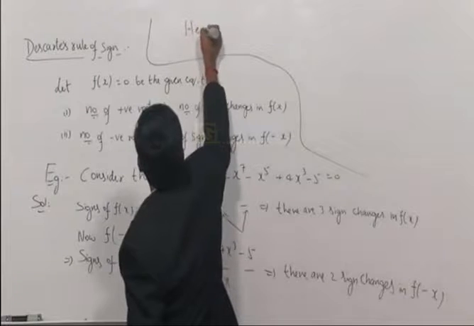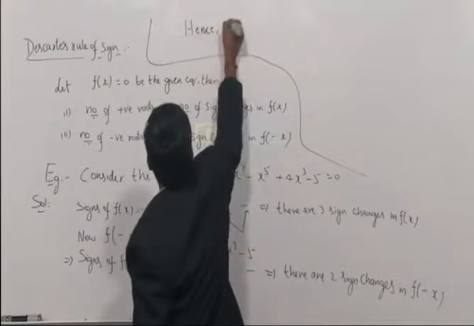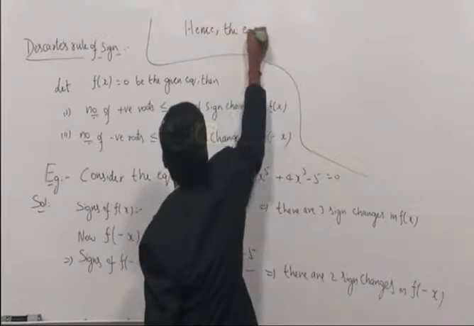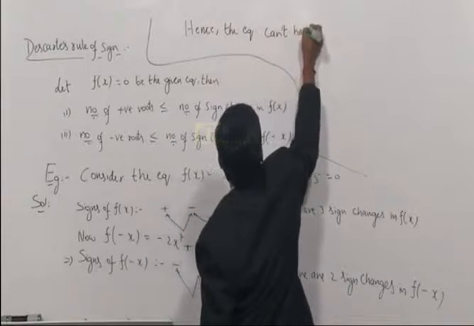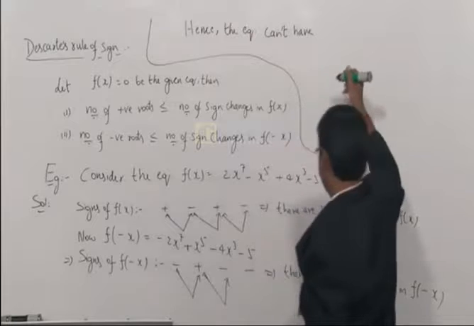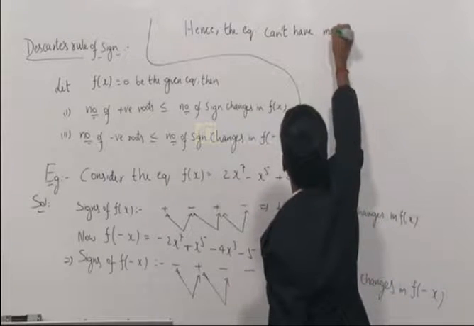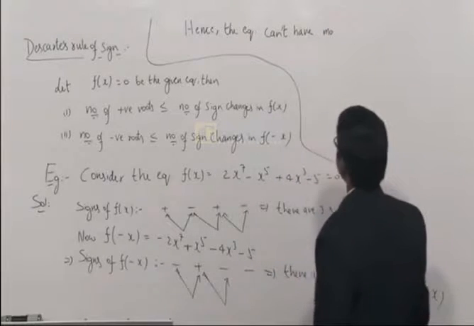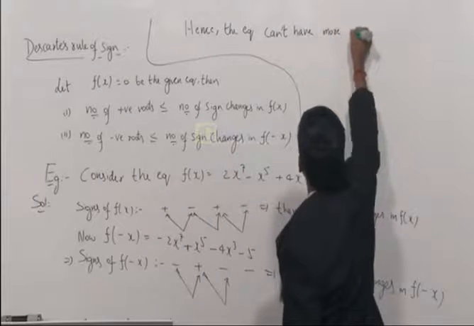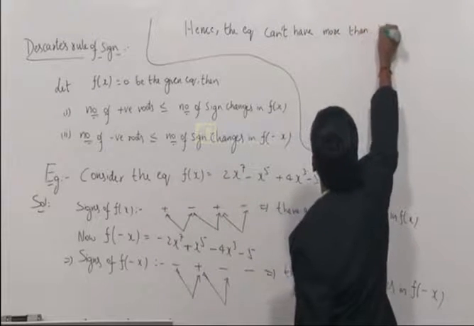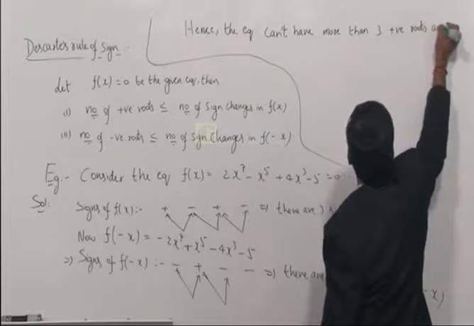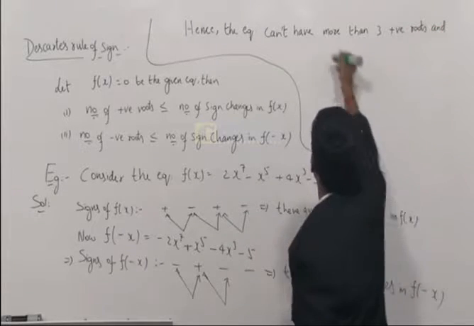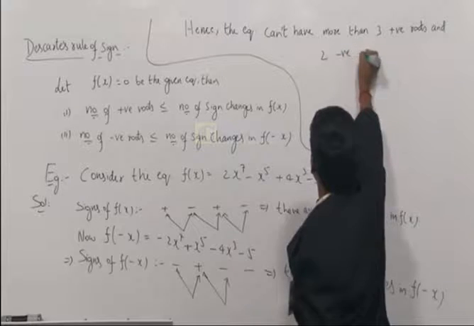Hence, the equation cannot have more than 3 positive roots and 2 negative roots.